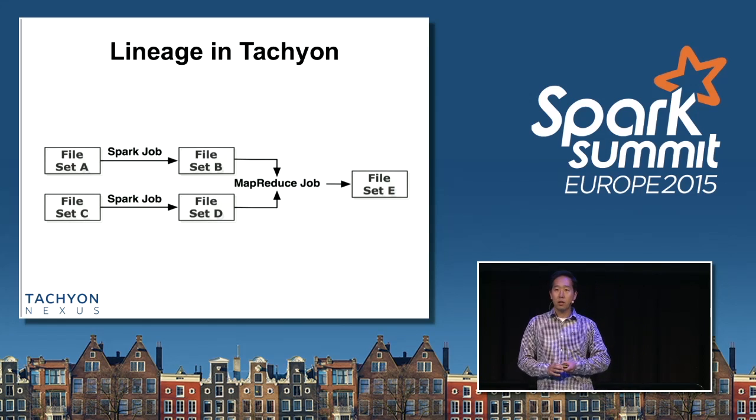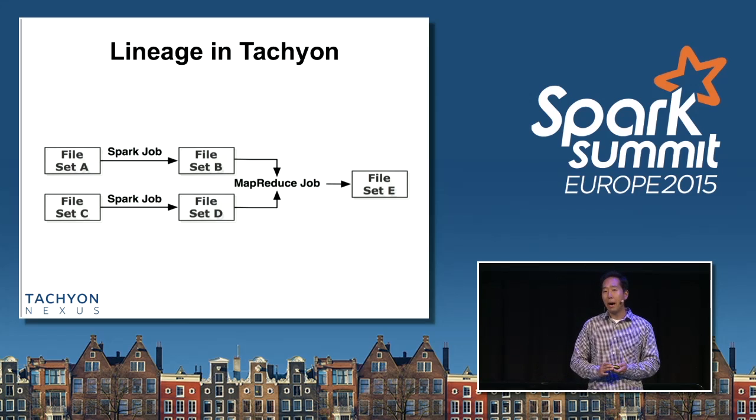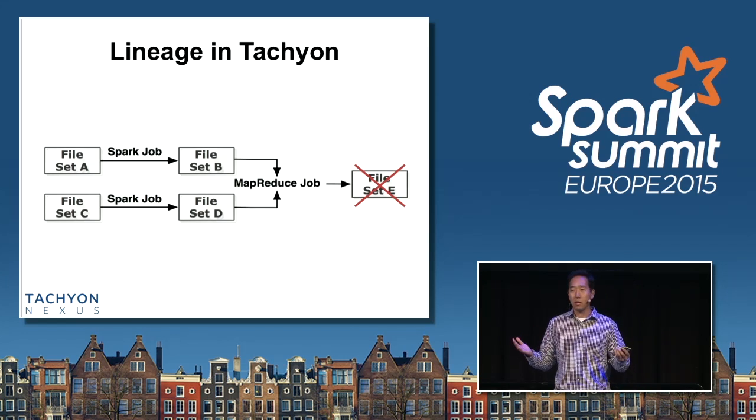Also, Tachyon uses lineage in the storage system. In the same way that Spark uses lineage for RDDs, Tachyon uses lineage for files. Here we have an example pipeline of files and jobs that generate files. Say, for example, one of these files disappears or crashes.